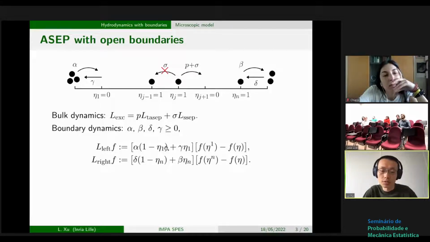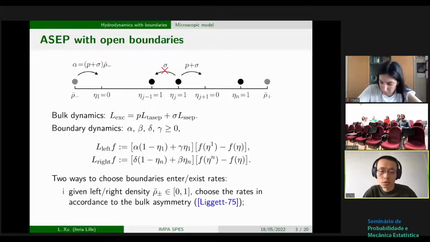Basically it means that if eta 1 is empty, then with rate alpha one particle can come in. If eta 1 is occupied, then with rate gamma it comes out from the system. On the right it is the same. Here I would like to mention two ways to choose the boundary rates.